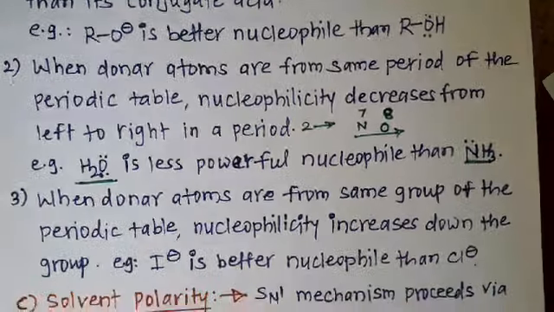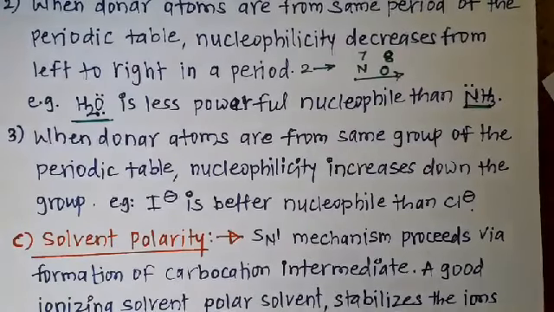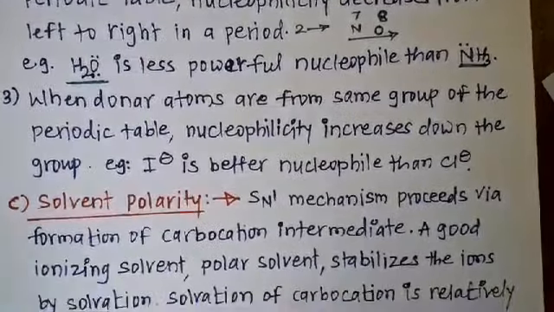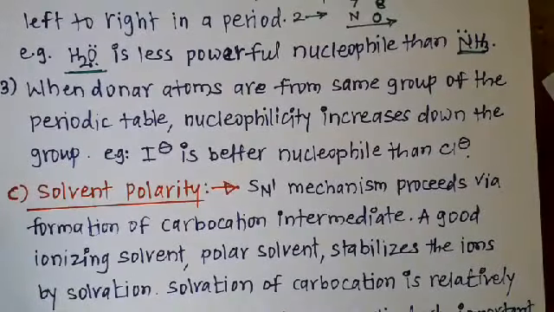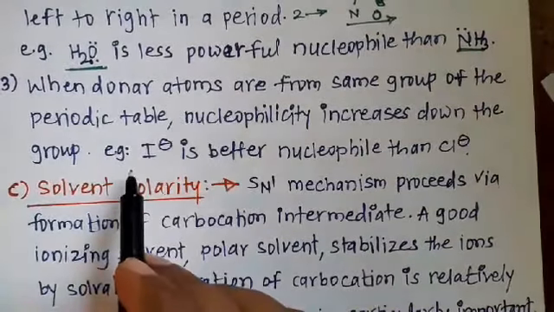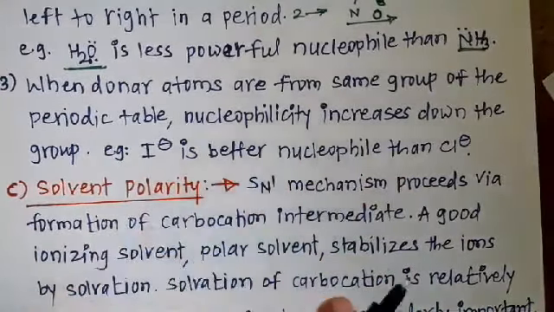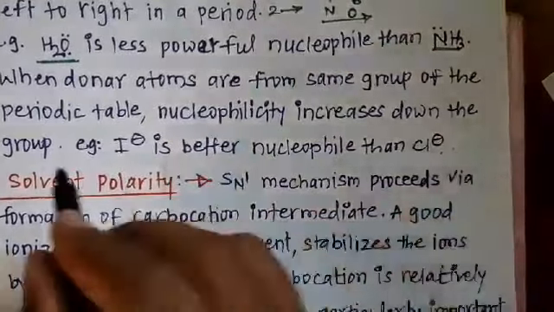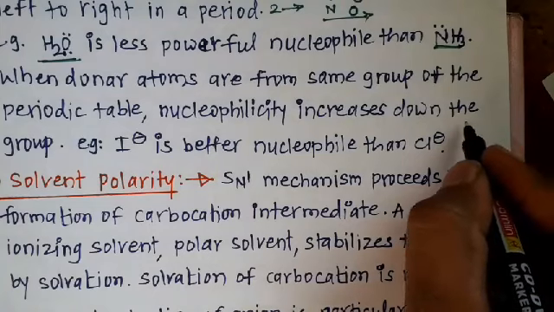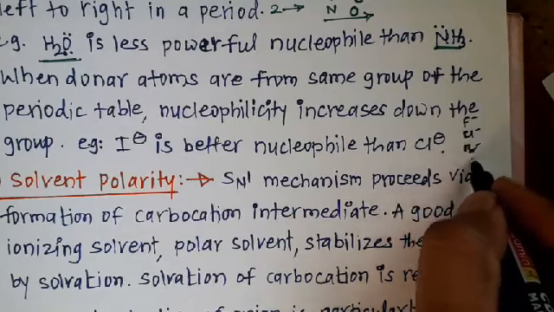The third key point is that when donor atoms belong to the same group of the periodic table, then nucleophilicity increases down the group. Example, I⁻ is a better nucleophile than Cl⁻. Both belong to group number 17, the halogens: F⁻, Cl⁻, Br⁻, I⁻.